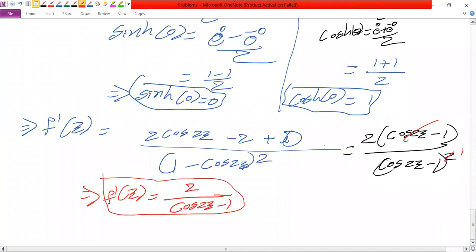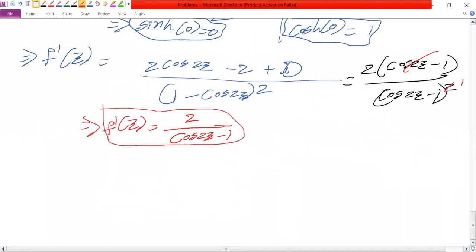Then we finally get the same, minus 2 by 1 minus cos 2z only. This is the required analytic function. For f of z, we should integrate. This is just f dash of that function. Now we need to integrate on both sides.